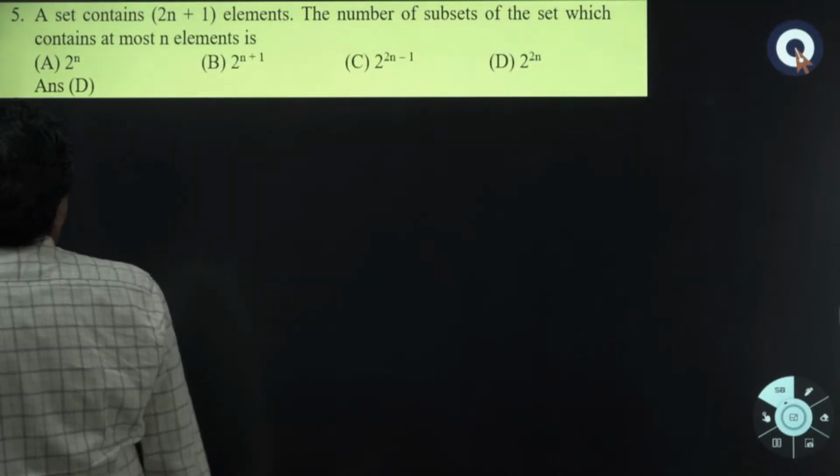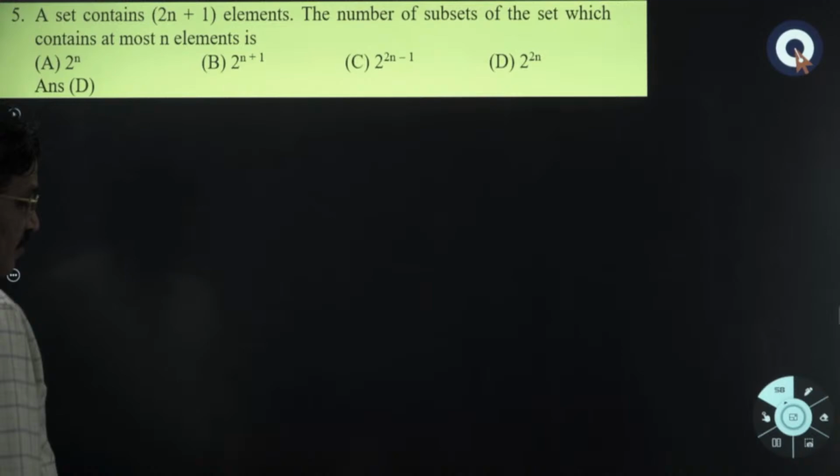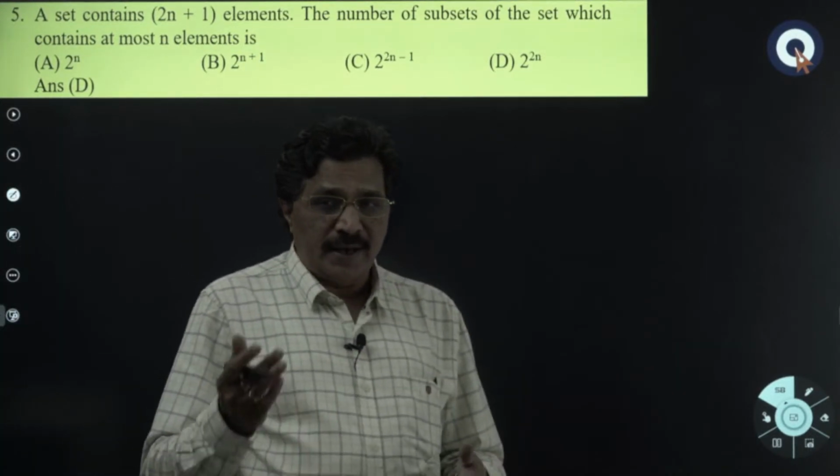A set contains 2n plus 1 elements. Find the number of subsets of the set which contain at most 10 elements, that is, n elements or less.